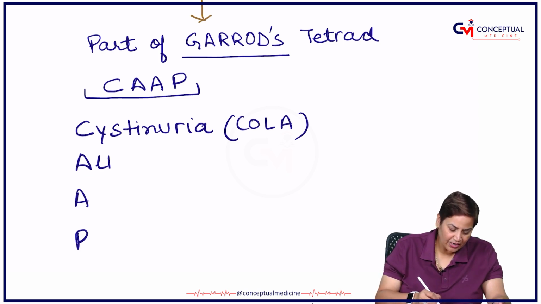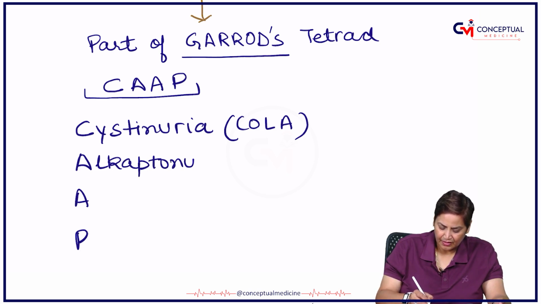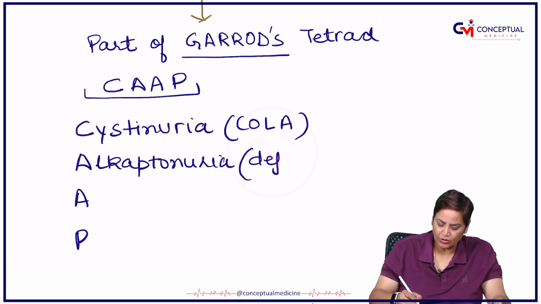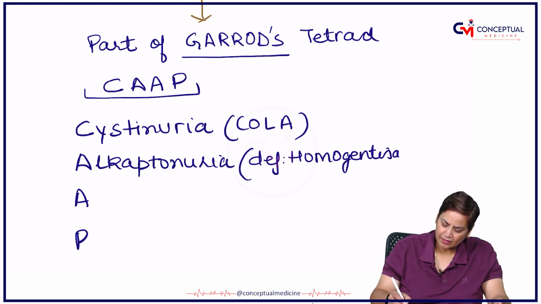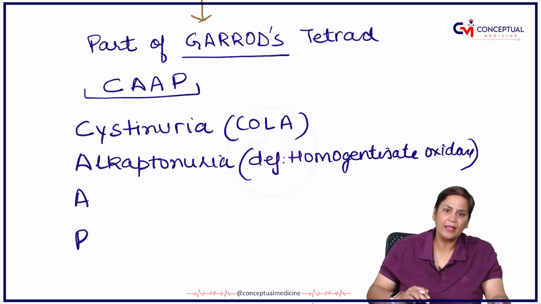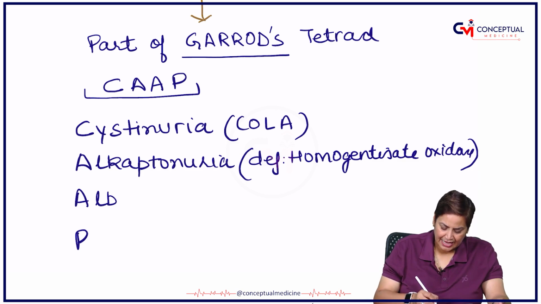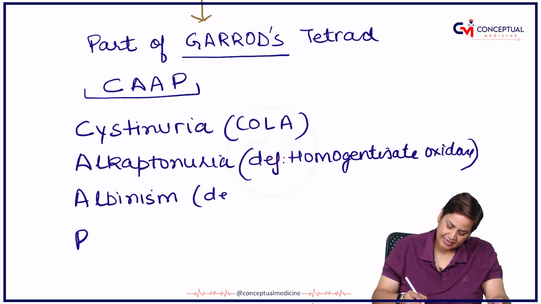Another A stands for alkaptonuria, which we have studied in detail. The deficient enzyme is homogentisate oxidase. Then another A is albinism, where the defect is in tyrosinase.